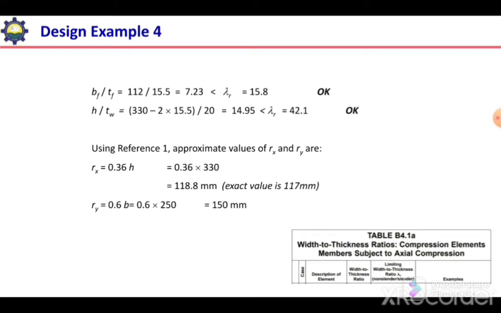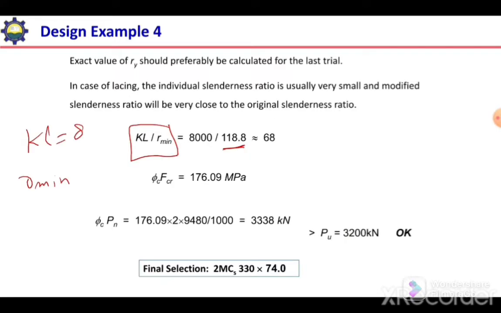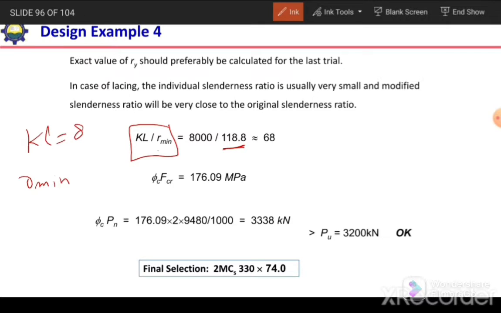So corresponding to that, we can calculate the maximum slenderness ratio, and it comes out to be 68, and it is less than 200. So it means globally our section is stable.